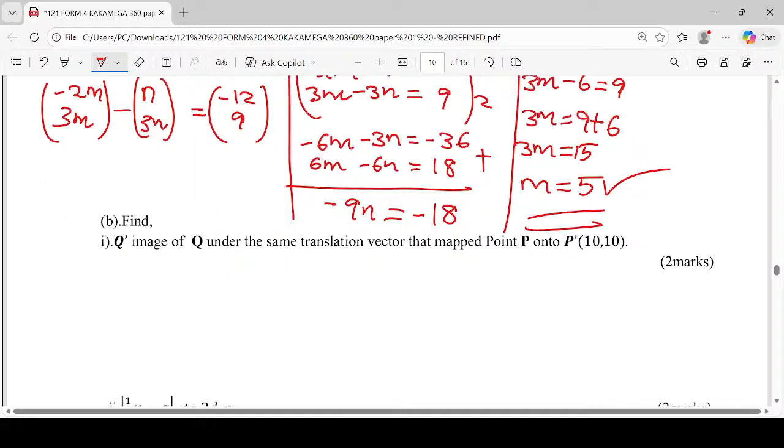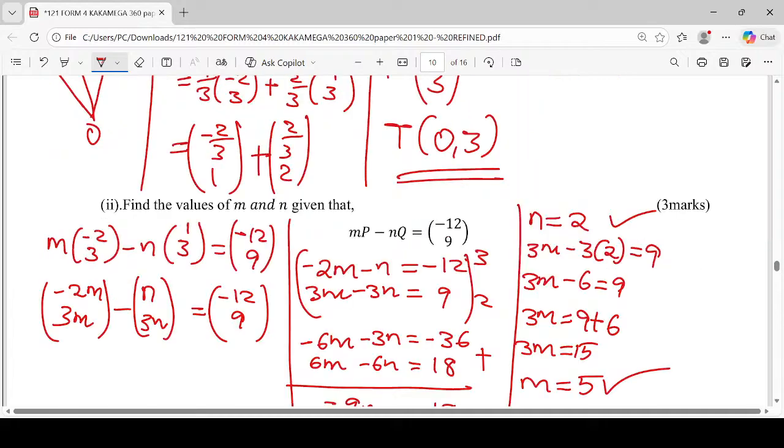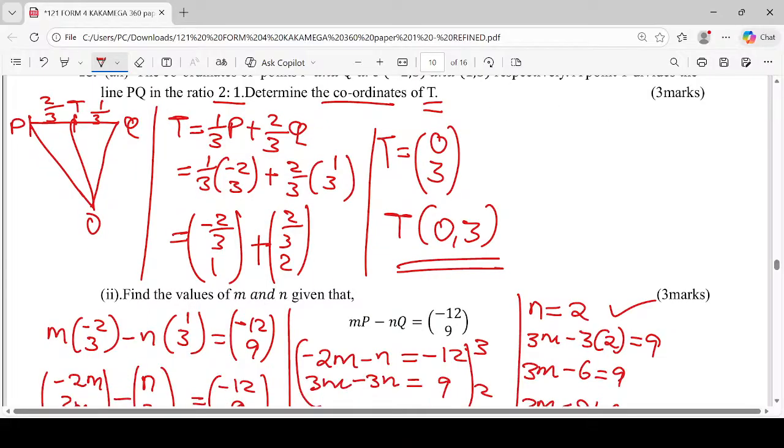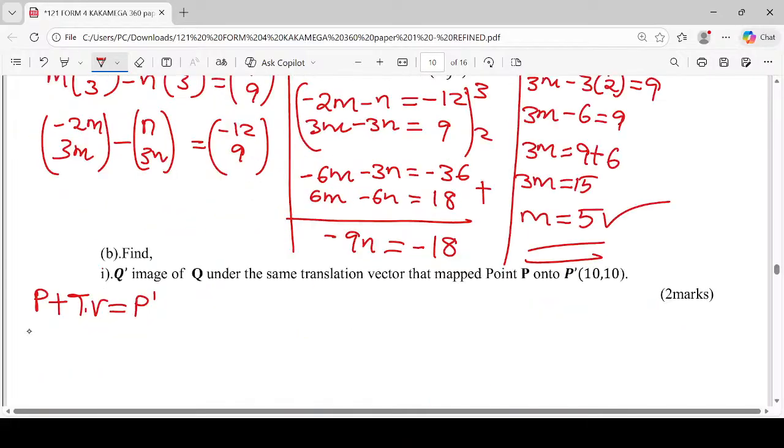Remember, when I take the object p plus the translation vector, I should get the image p prime. So the object of p is negative 2, 3. So I'm going to have here negative 2, 3 plus the translation vector, which I don't know. This should give me the p prime, which is 10, 10.